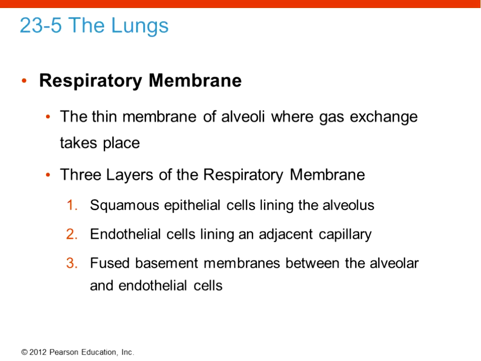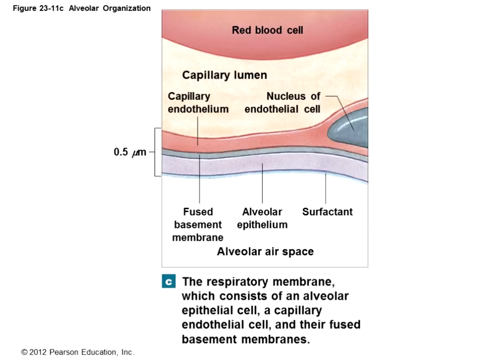These are the cells that line the alveolus. And then, beneath that, there is a basement membrane that fuses the capillary to the simple squamous cell. And then finally, there is an endothelial lining of the capillary. So you have this 3-walled structure.